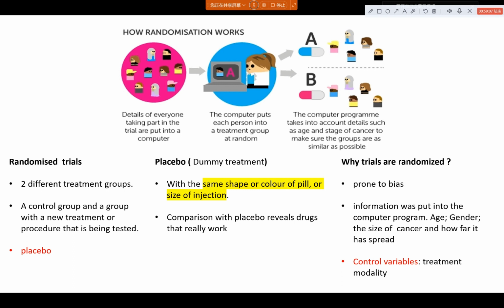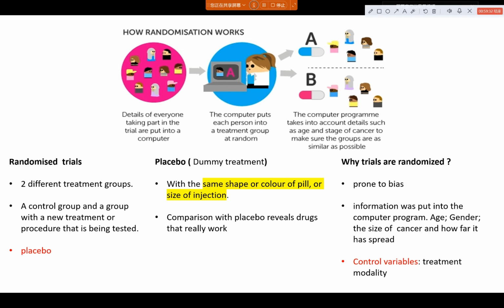For example, doctors may avoid putting patients who are more unwell into a particular trial group without really meaning to. This leads to experimental error.